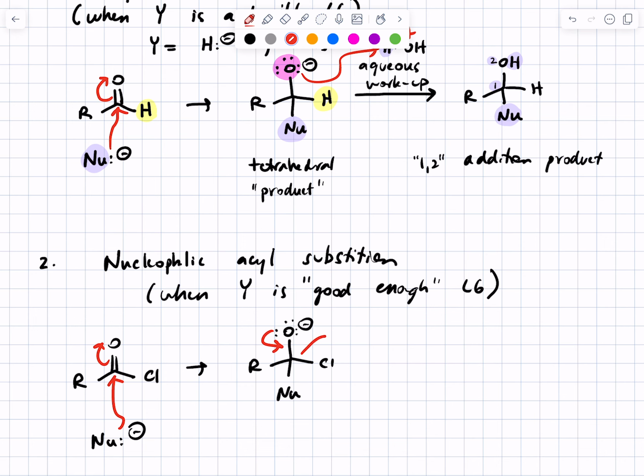Cl is a good enough leaving group relative to a negatively charged oxygen, so Cl leaves, and the nucleophile replaces where the Cl was. Purple is now where yellow was, and yellow is now where purple was. And the reason this can happen is because yellow was a good leaving group relative to pink.